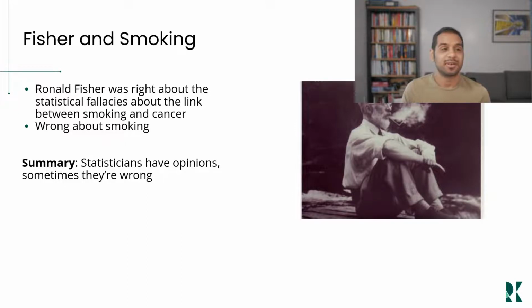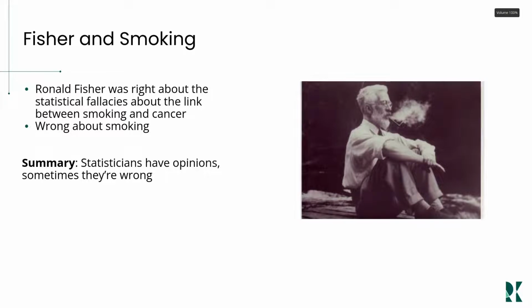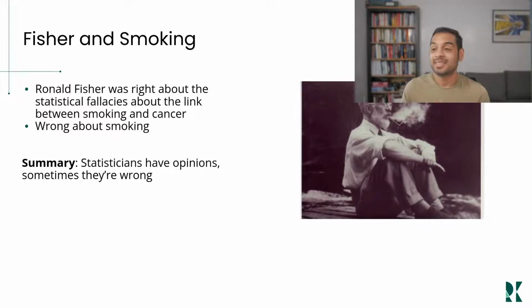And I picked this image of Ronald Fisher smoking. Let me flash it again right here real quick. Because it seems like the guy likes smoking. I'm not a smoker myself. I think I have now been sufficiently convinced that smoking causes lung cancer.